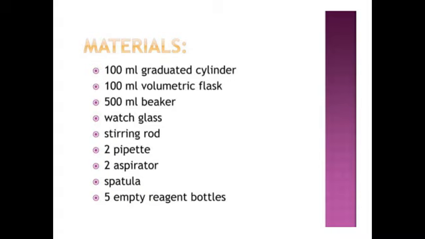They are of different ranges. You have the 100 mL, 500 mL, 1000 mL, etc. 1000 mL is equivalent to 1000 centimeter cube or 1 dm cube. So you must have the cylinder, your beaker, your stirrer or stirring rod or glass rod. You must have your wash glass.